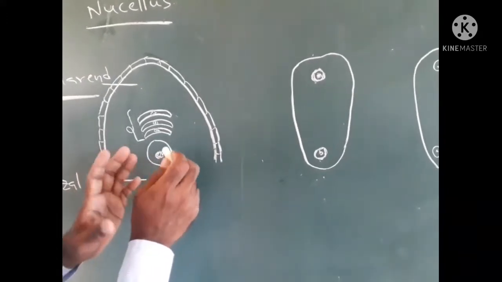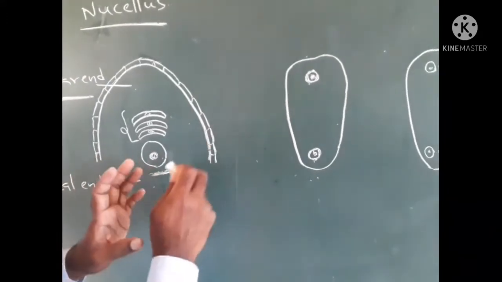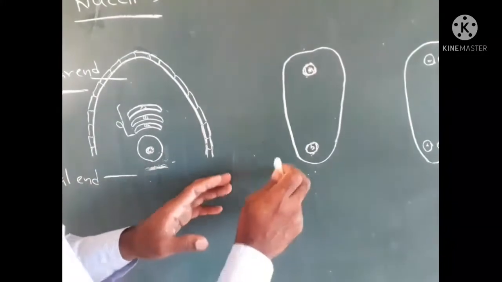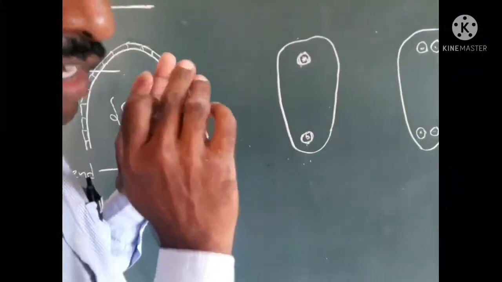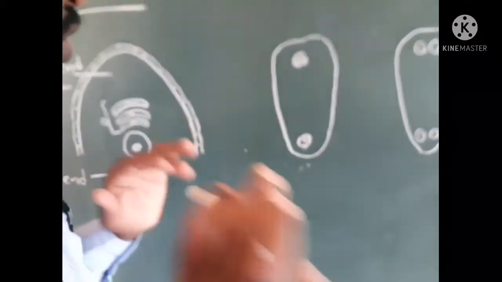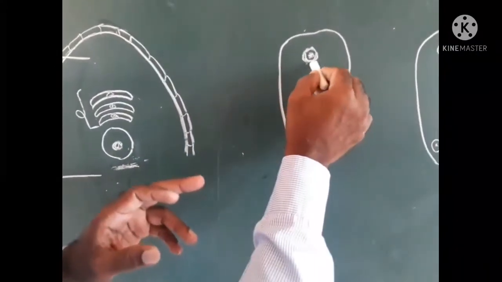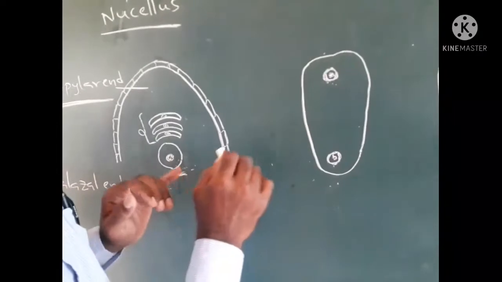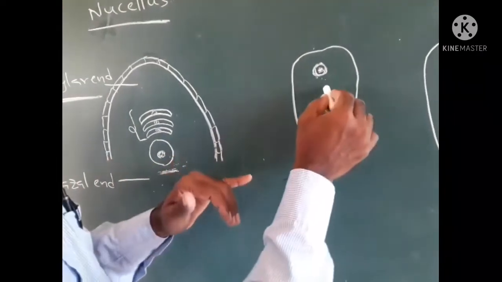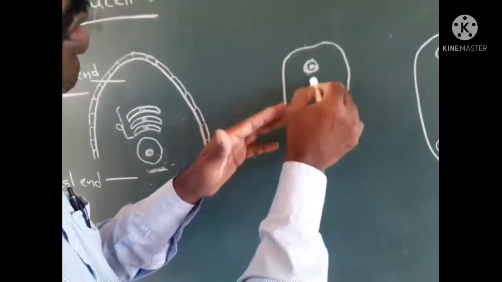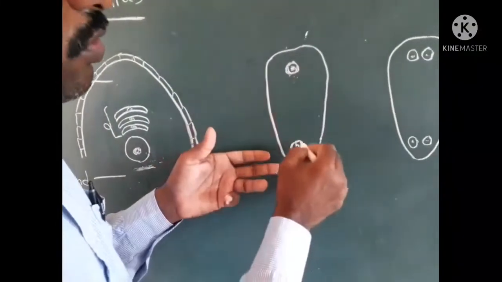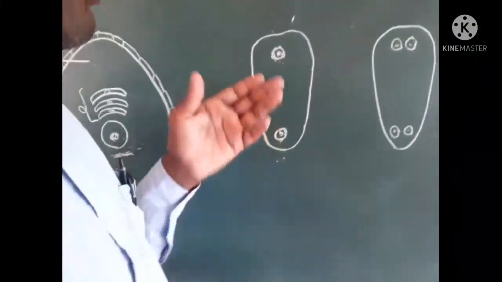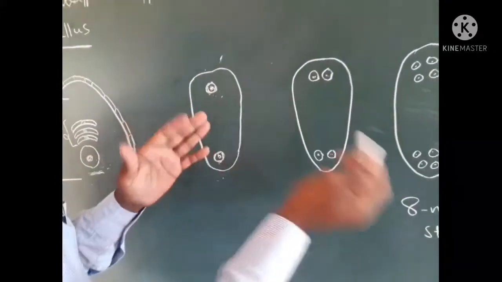The megaspore undergoes mitotic division and forms two nuclei, not a cell division, only nuclear division. One nucleus goes to the micropylar region and another nucleus goes to the chalazal region, and these undergo two sequential divisions.